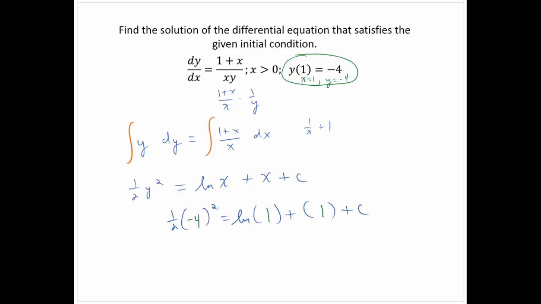Negative 4 squared is 16, half of 16 is 8, the natural log of 1 is 0, plus 1 plus c, and c is 7.